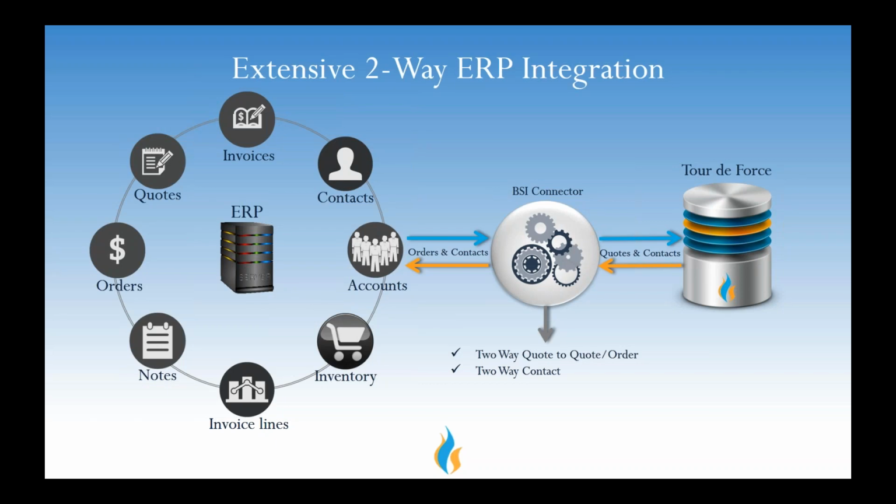But that's okay, because you can still perform the same functions within our system. It just doesn't necessarily push back. So the nice part is there are some things that we can do from a two-way processing standpoint, but if you're not able to do that because your ERP doesn't have that capability, that's okay. You can still perform the one-way functions as well as having the ability to create things in Tour de Force directly.